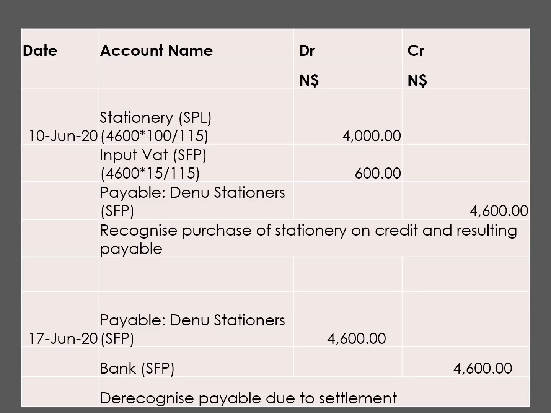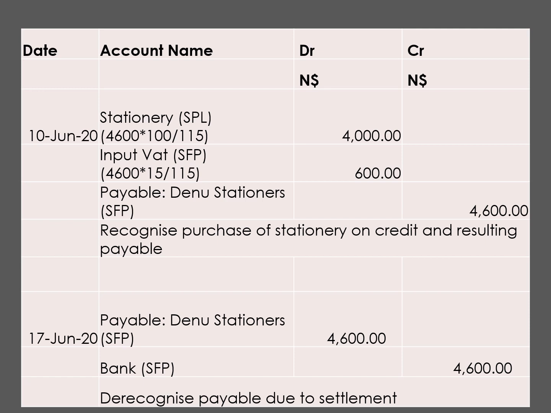To record the purchase of stationery on 10 June 2020, we debit the stationery account with $4,000, as stationery is an expense and it increases on the debit side. Further, we debit input VAT with an amount of $600, as input VAT is VAT on purchases.